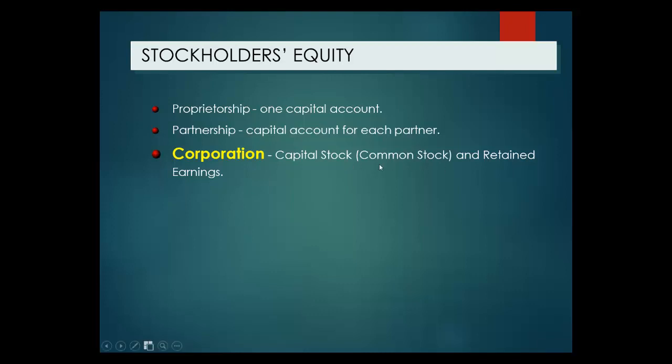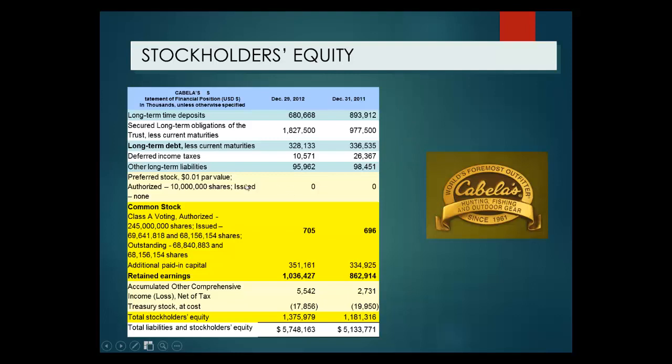We use common stock and, of course, retained earnings. Now, all this yellow section is stockholders' equity, and the accounts we've been working with are common stock and retained earnings. We have not worked with preferred stock. We've not worked with treasury stock, accumulated other comprehensive income. Those will come down the road for you.